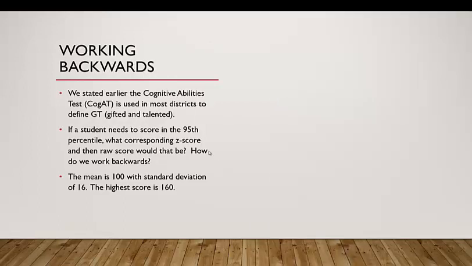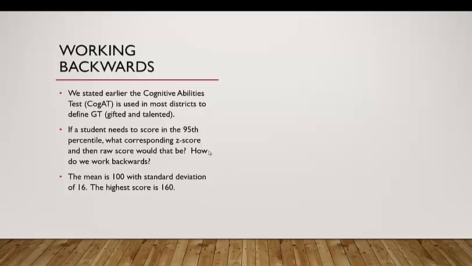So let's work backwards. Earlier we talked about the COGAT test, the Cognitive Abilities Test, and we said this is used in most districts to define GT, or gifted and talented. If we know that a student needs to score in the 95th percentile, what is the corresponding z-score, and then what raw score corresponds to that z-score should a child get in order to be classified as GT?